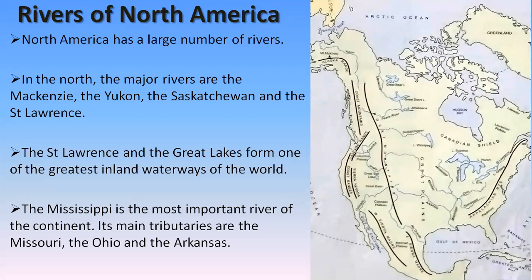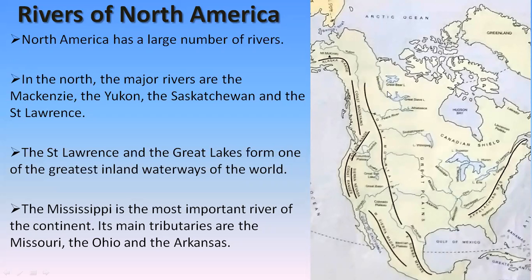On the northern side of this continent, some important rivers you can see. The first one is River Mackenzie, starting from the lakes and going up to the Arctic Ocean.